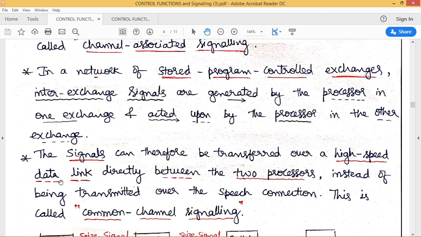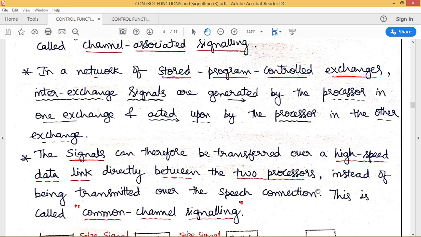Here the inter-exchange signals are transferred over a high speed data link which is other than the link where calls are being transferred. Instead of being transmitted over a speech connection, there exist separate links.